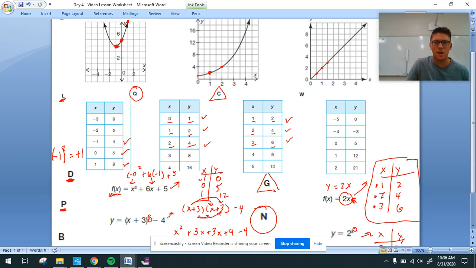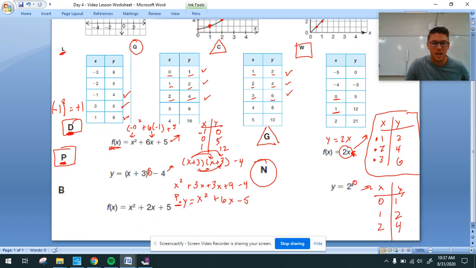This equation, which is equivalent to this equation, actually matches this table. So there's no graph that matches with it, but we found another equivalent pair there. So we're able to determine, based on what we were able to plug in for our table, that there's actually another match. Okay, so let's check this last one and see if we can get a match out of this.